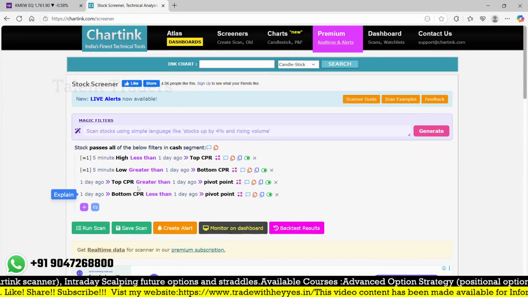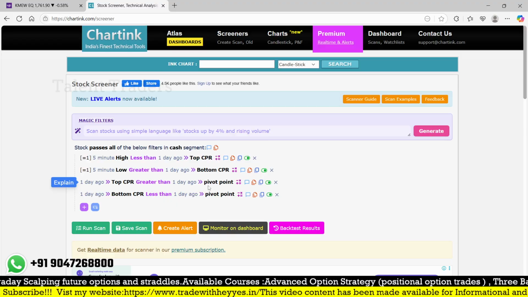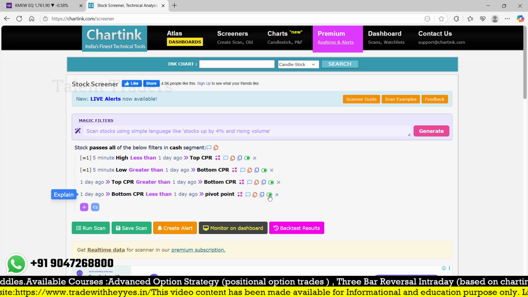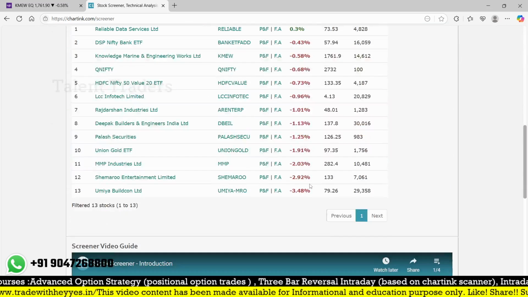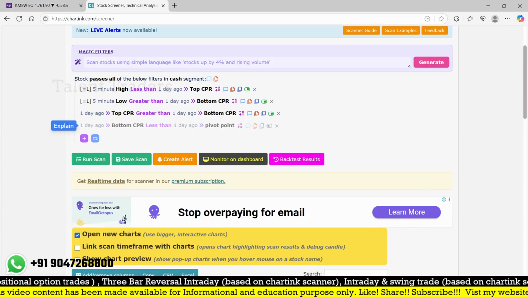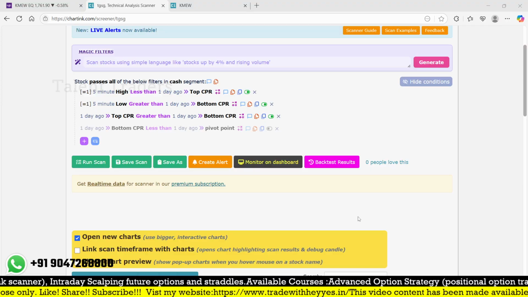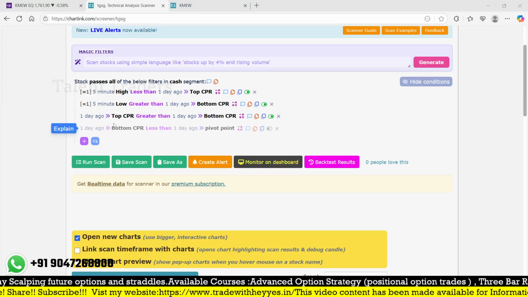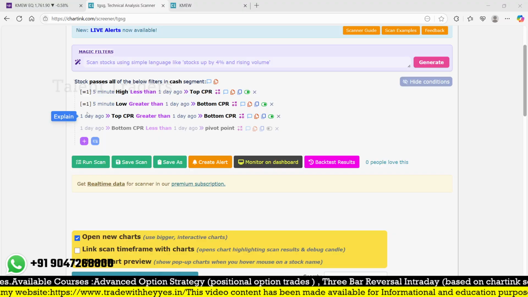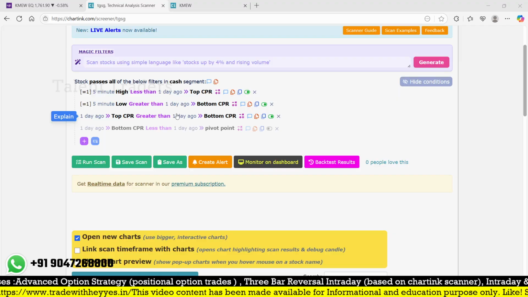The top CPR greater than the pivot or greater than the bottom BC. So let me try. See, we got it. Just a second, we'll check it. Yeah, this will fetch you exactly that the top CPR must be greater than the bottom CPR. That normally fetches you the top CPR always being greater.